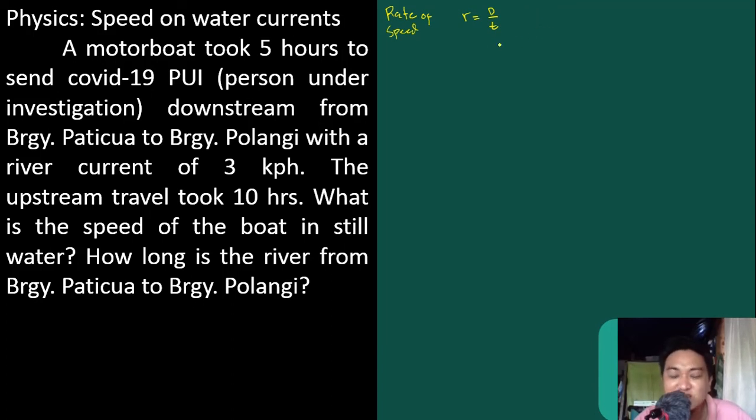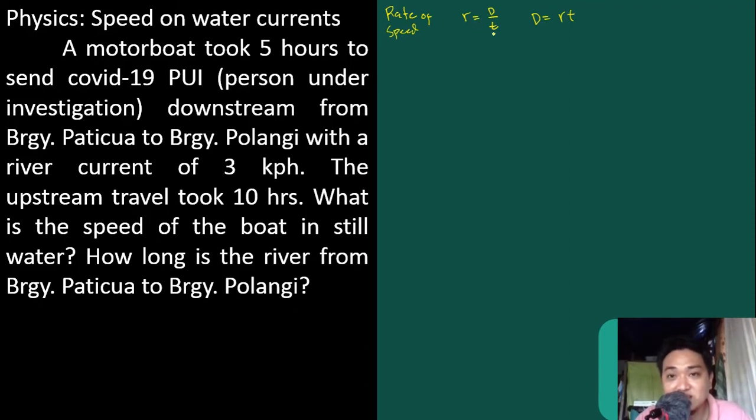Ayan. So ganun natin in-express yung rate. And this formula here, yung natutunan natin sa science, pwede rin natin siyang balibaliktarin using mathematical manipulation or algebraic manipulation. It could also represent distance is equivalent to rate times time. O bakit ganun? Kasi 'di ba, kino-cross multiply lang natin 'to.